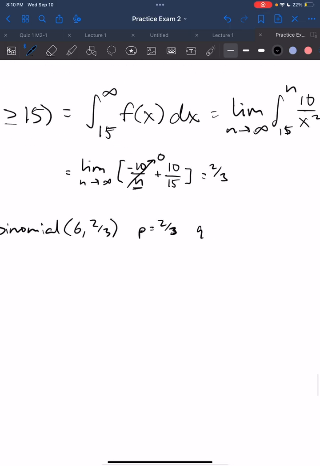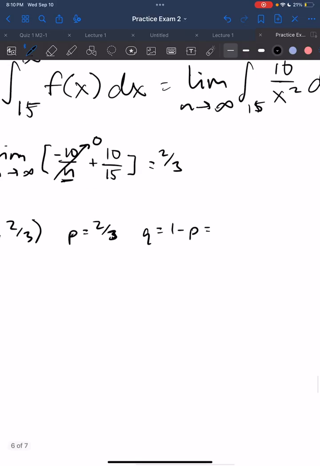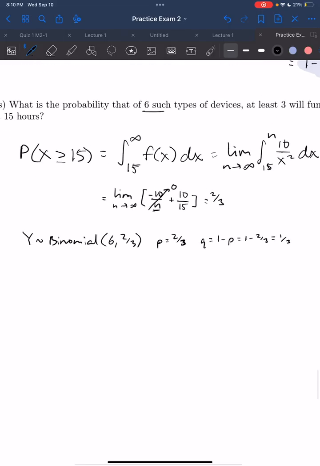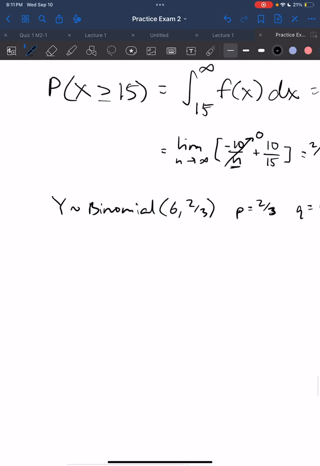And our q is the probability of failure, so that's 1 minus p, which is 1 minus 2/3, which is 1/3. Okay, so we have our values here. So now let's solve for the probability of at least 3 devices functioning. We can do that by finding the probability that only 0, 1, or 2 devices will function, and then subtract that from 1.